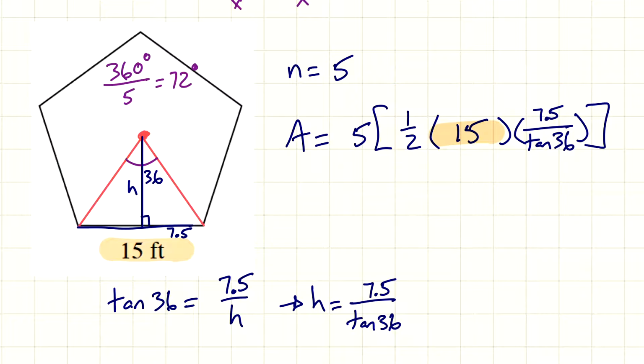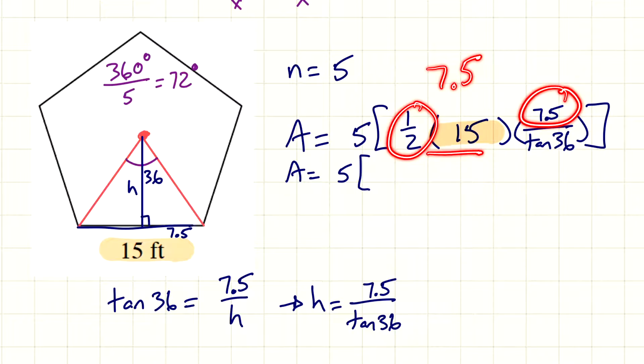Now, let's simplify this. I always like to leave the sides 5 on the outside. So now we're looking at multiplying 1/2 of 15, which is 7.5, by 7.5.